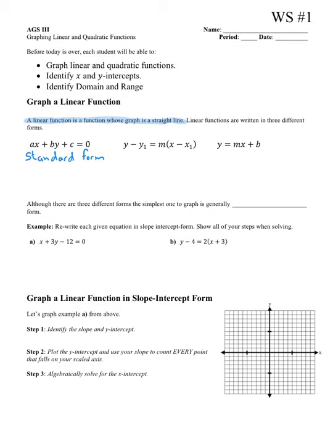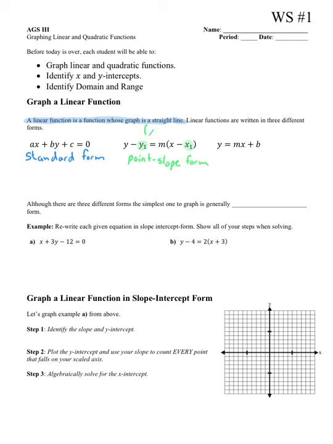The second form that you could see is y minus y1 equals m times x minus x1. This is called point slope form, because you have this x1, y1 here.